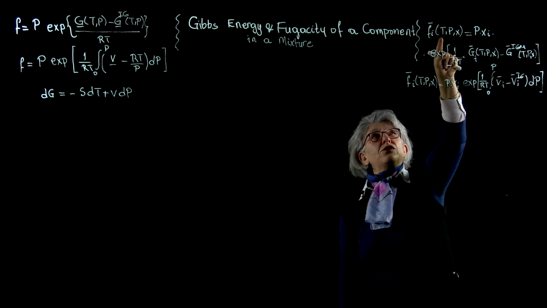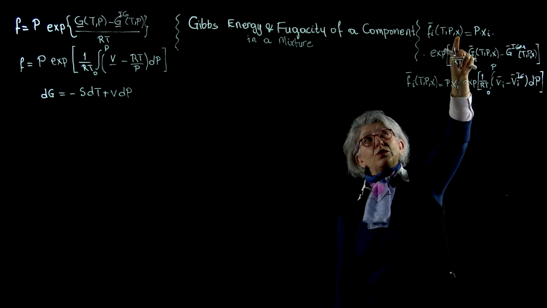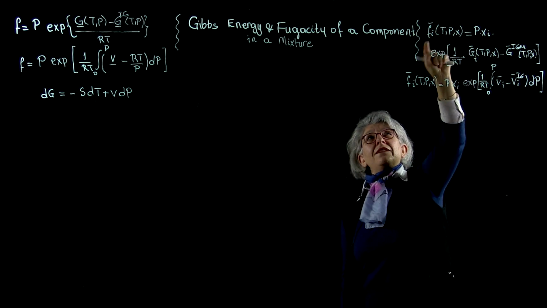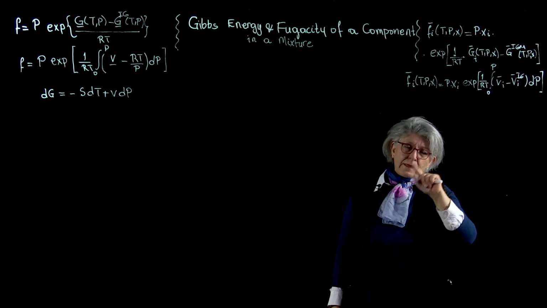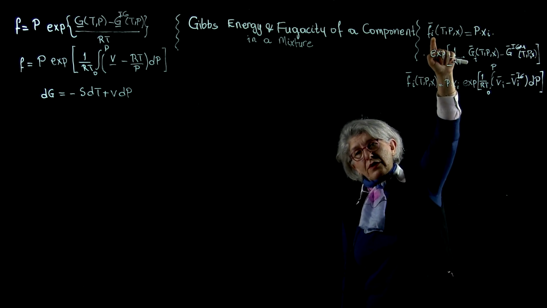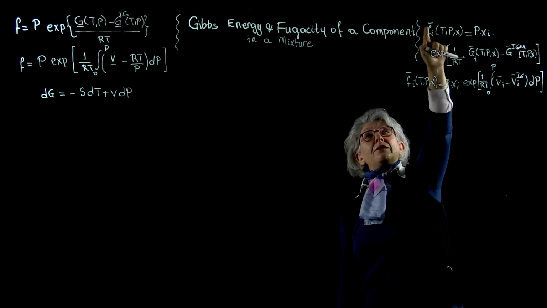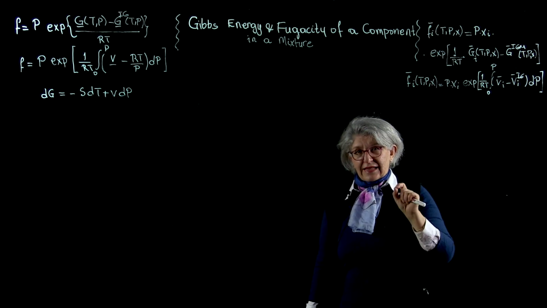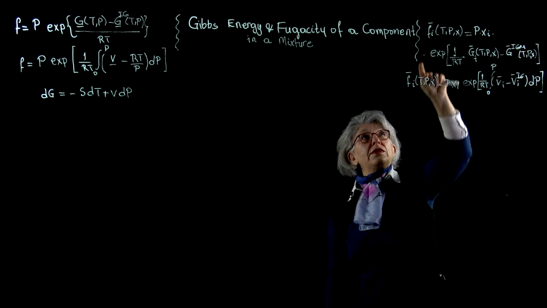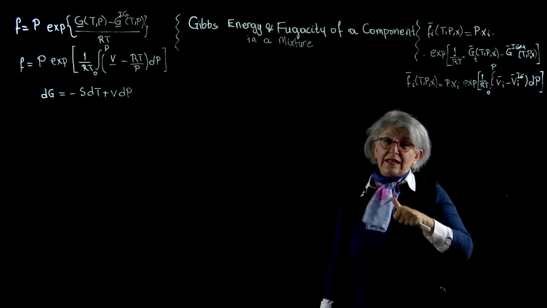So in addition to temperature and pressure, we need to take the mole fractions into consideration. Now we are going to specify the fugacity of whatever the component, and this overbar will indicate that that fugacity belongs to this component in a mixture.